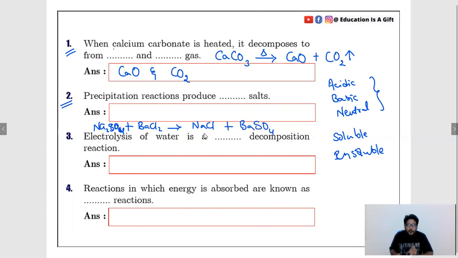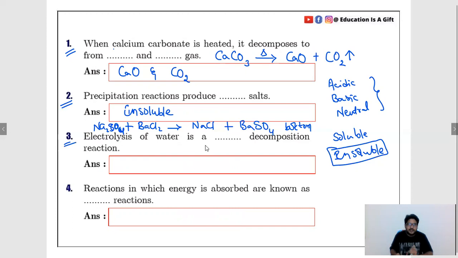Here if you see, NaCl will be transparent, and BaSO4 is a white precipitate which will be settling at the bottom, and this salt will not be mixed with NaCl, hence it is insoluble. Maximum precipitation reactions produce insoluble salt. That is the answer.